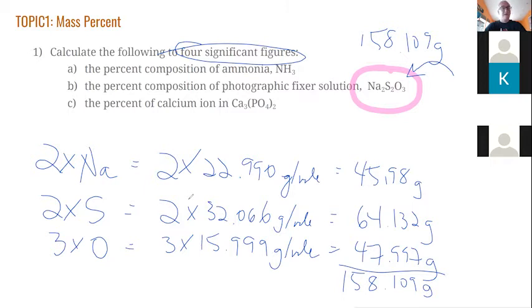So to determine the percent composition, we need to take the amount of each atom in grams and see, as a percent, how much of the mass is sodium, how much is sulfur, and how much is oxygen. So how do we do that?